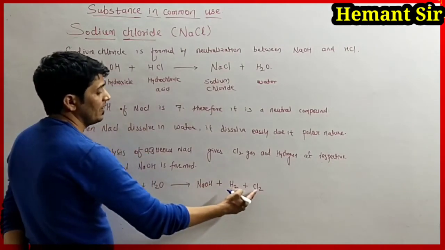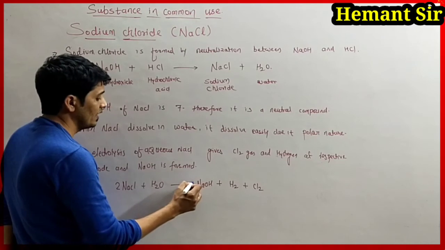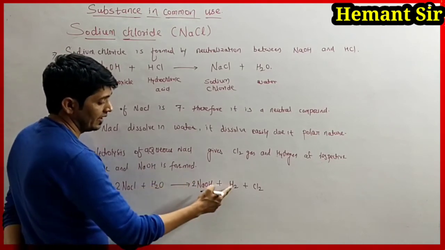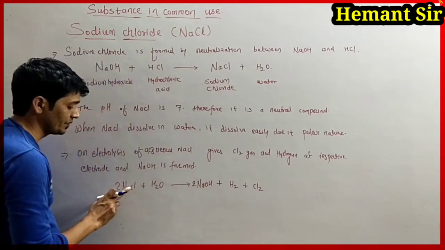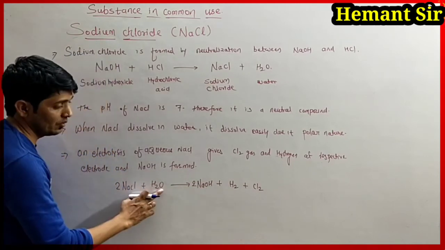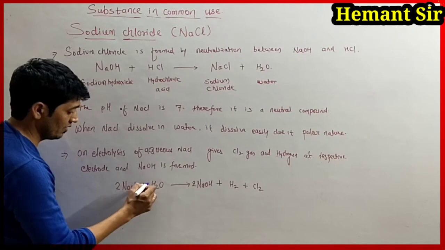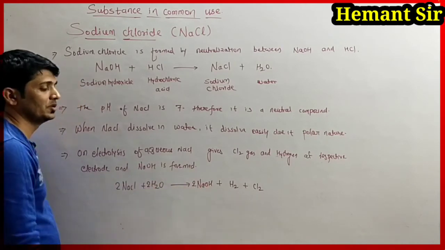See here we have 2 chlorine, so here we have to multiply by 2. Then here again we have to multiply by 2. So total hydrogen is 2 here, 2 here and 2 here. It is balanced now. Chlorine has 2, so chlorine is 2. Now oxygen is here only 1, so here we have to multiply by 2. So here 2 oxygen. Now the reaction is balanced.